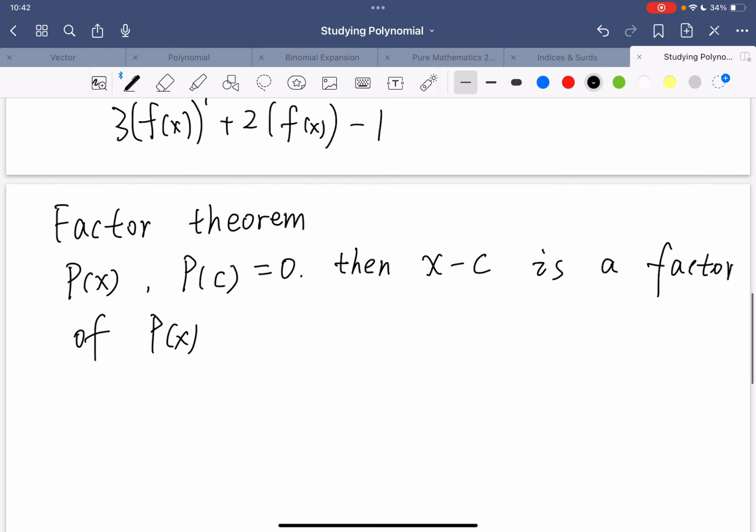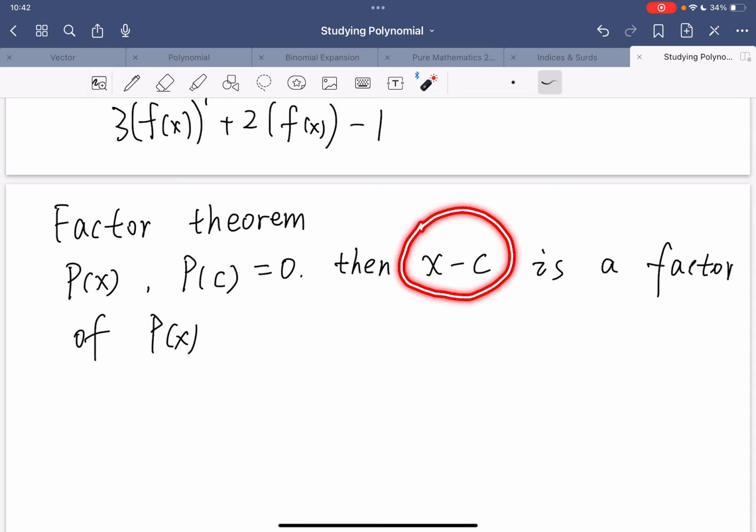So whenever you find a value that makes the whole expression equal to 0, then you use this expression, it's a factor of it. That's the factor theorem.